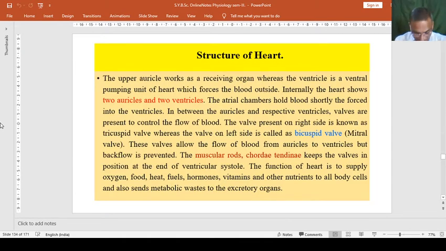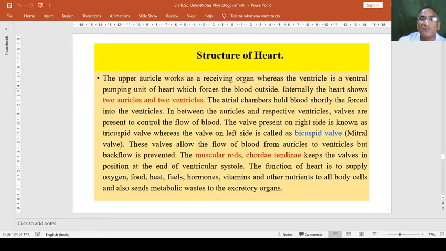Now, the upper auricle works as a receiving organ, meaning the blood is received in the upper chamber, whereas the ventricle is the ventral pumping unit of the heart which forces the blood outside. Means in the auricle blood is received, and from the ventricle blood is sent or pumped.